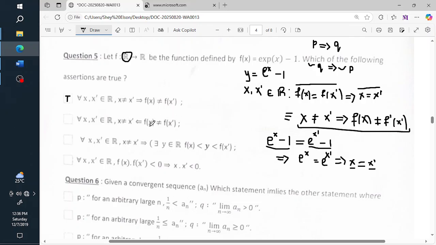If you want to read it normally, f of x not equal to f of x prime implies that x is not equal to x prime, which is actually true, because if I just put not equal to here, I'm going to have not equal to there, which makes everything true. So I think that for injectivity, the statement is actually if and only if.